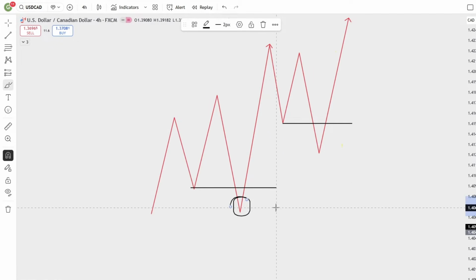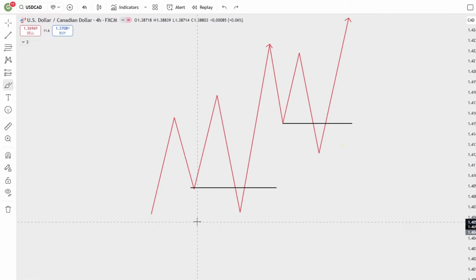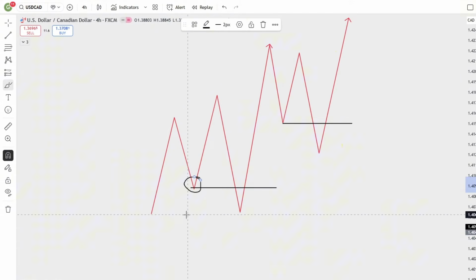If you don't have the turtle soup, this liquidity right here is going to be an internal liquidity, because it's in the internal part of this leg. And this liquidity is going to serve us as liquidity for a future turtle soup to move the price higher, in this case, since we are in the bullish example.